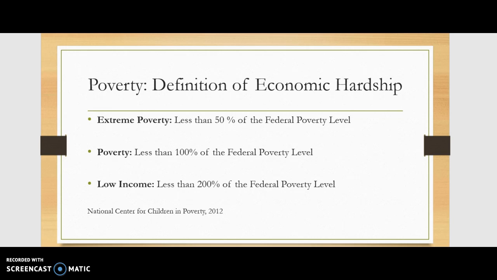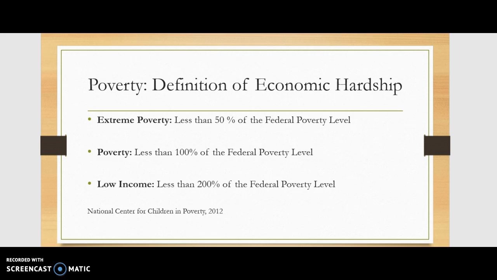So when we look at children and families where parents are either single parent households or 2 parent households, or employed with minimum wage jobs, or parents taking on 2 or 3 minimum wage jobs, or 1 adult working, we can see that the issue of poverty is a real concern. There are a lot of people really living in poverty if it's based off of this threshold that the government sets for us. So we can see that the poverty level income is not enough to support a family.